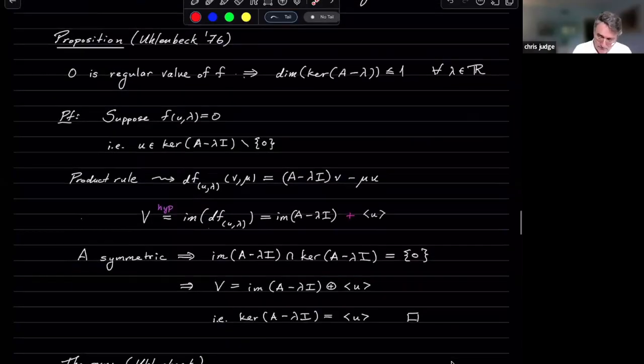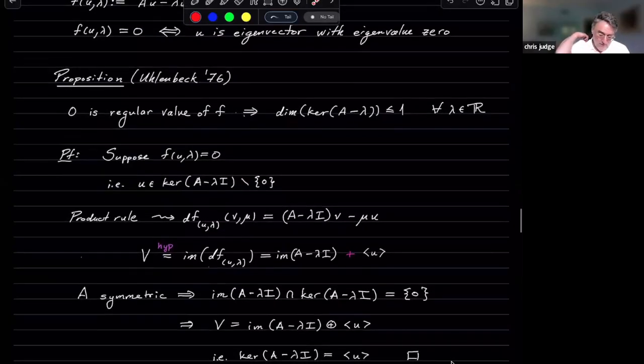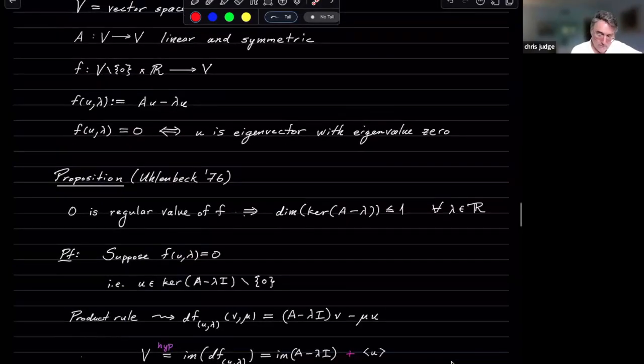Okay, so let's go through the proof. The proof is very simple. Suppose you do have a point u, lambda on your level set. Then u is in the kernel by definition, and it's non-zero because I've chosen this space.